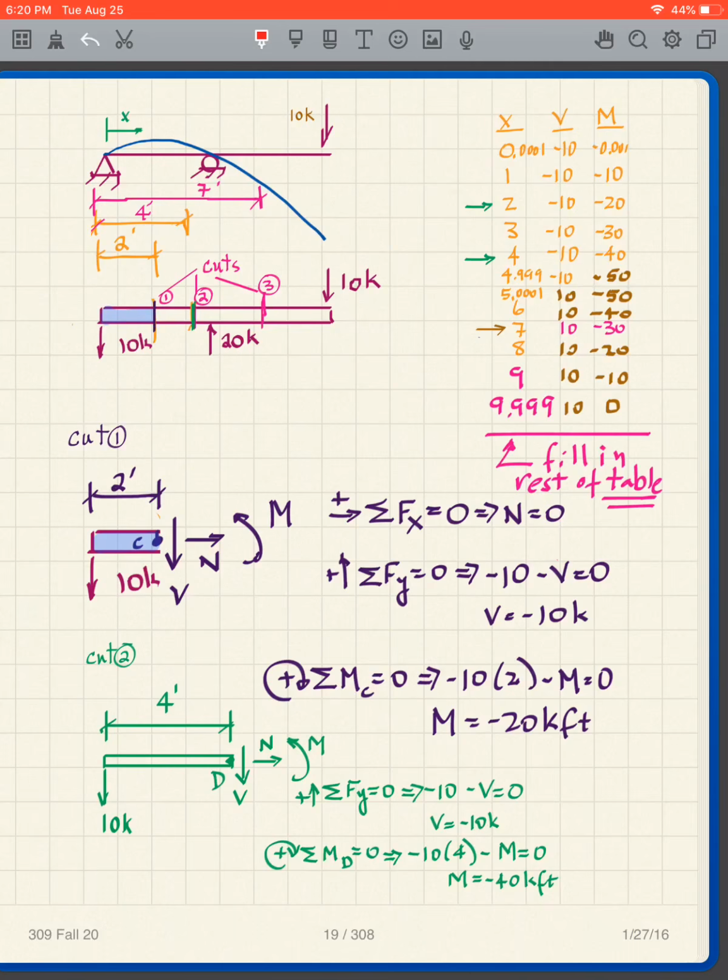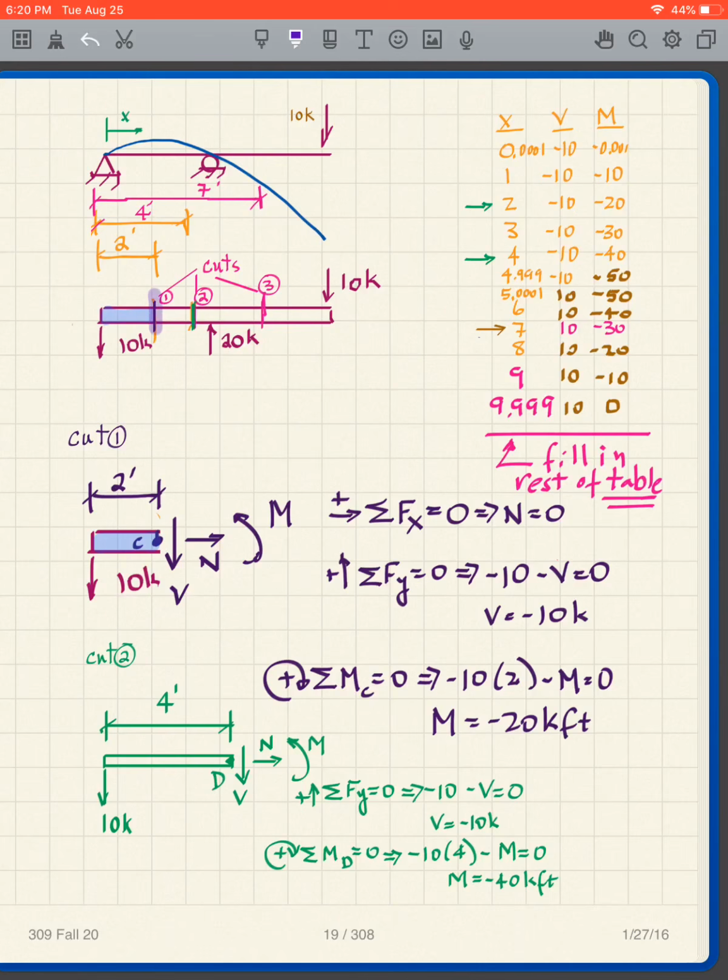So I'm going to make a cut over here. And I'm going to make a cut at 7 feet. So I'm going to make a cut over here. We'll analyze each of these problems. So cut 1, cut 2, cut 3. Let's start with cut 1.